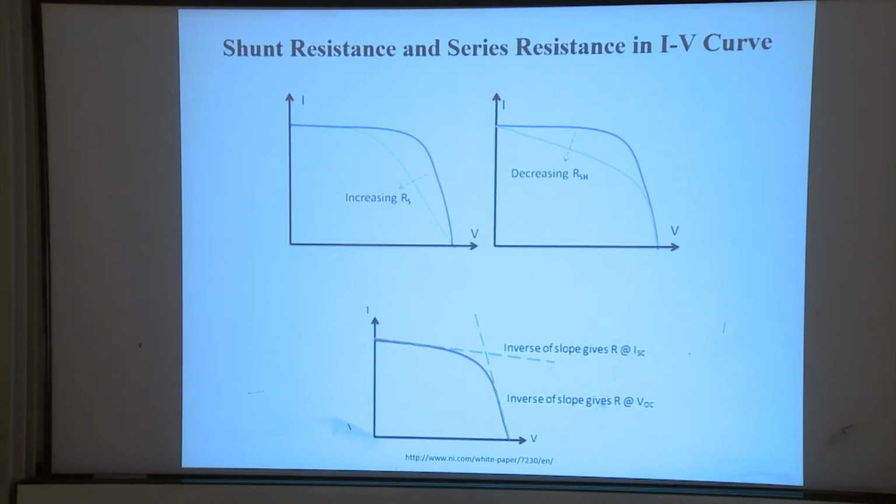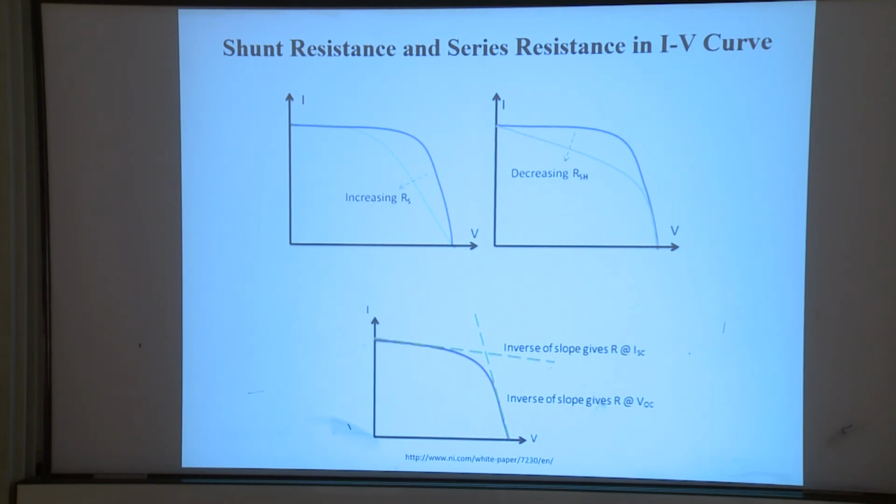This is an approximate equation, not exact. But usually as engineers, you need to know if this is a good solar cell or not from the first perspective, immediately. So you can look at the curvature to see if this is a good solar cell.